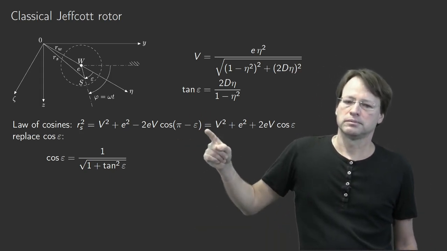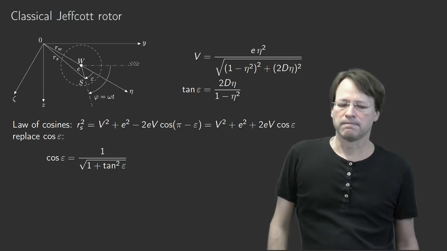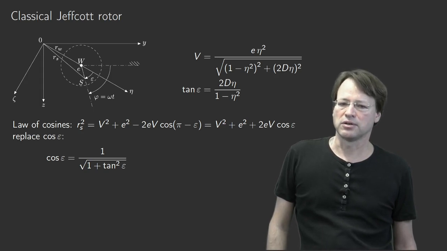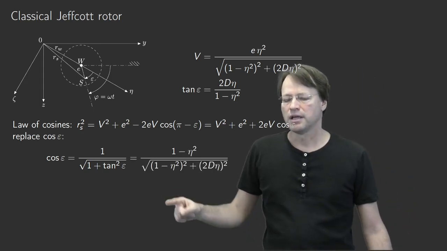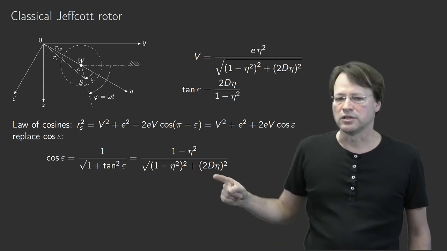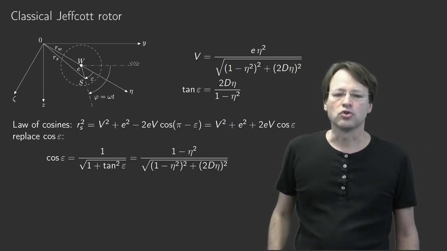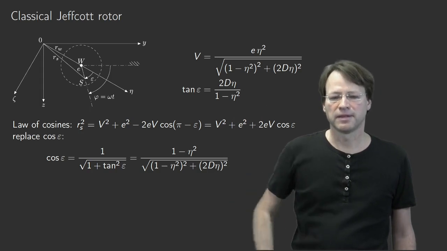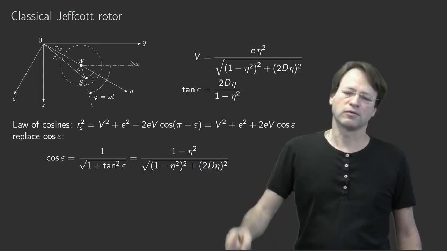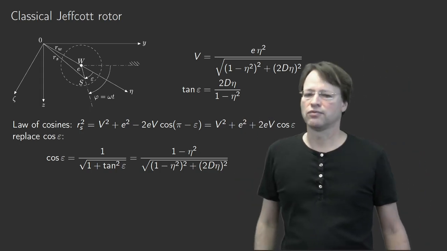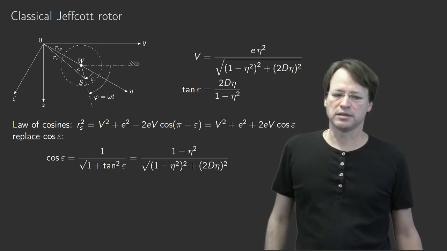Now you can plug in the result for the tangent of epsilon here, and you get something that in the denominator looks very familiar to V, right? So the denominator of that expression for cosine of epsilon and the denominator of V are identical.